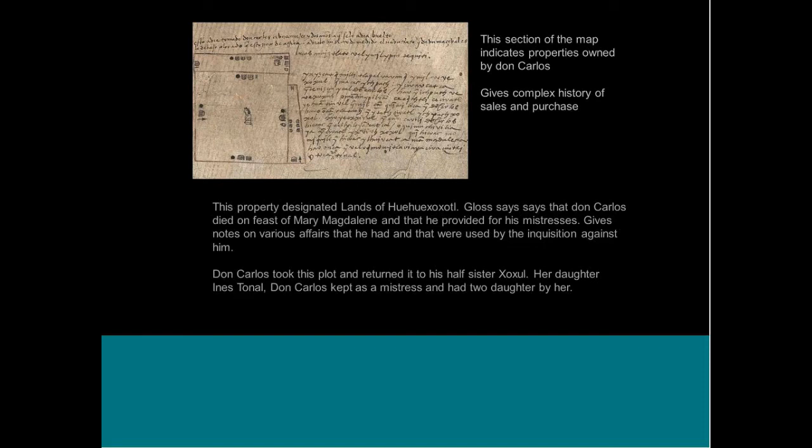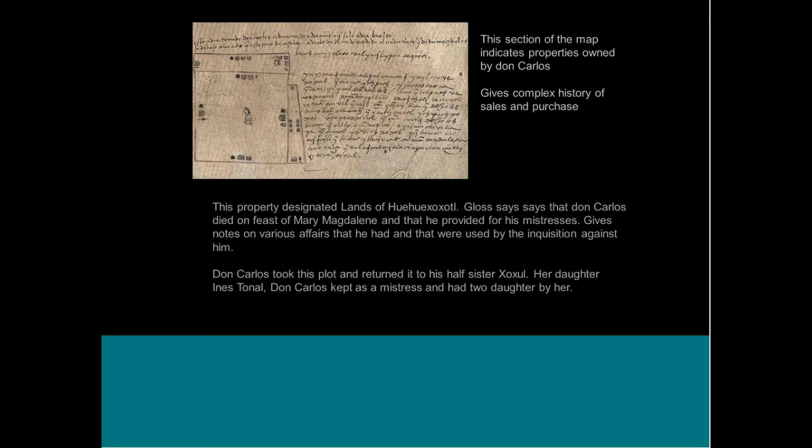And really this, combined with the fact that he had kept his niece as a mistress and had two daughters out of wedlock, seems to have directed the attention of the Inquisition at him. He certainly was an important local person in this area, and he came from an important family whose noble line goes back quite a ways, even before the coming of the Spanish, before the contact period.